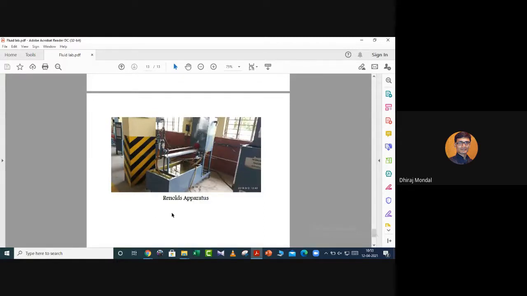Reynolds apparatus. In the Reynolds apparatus, we need to calculate whether the fluid is laminar or turbulent or anything else.